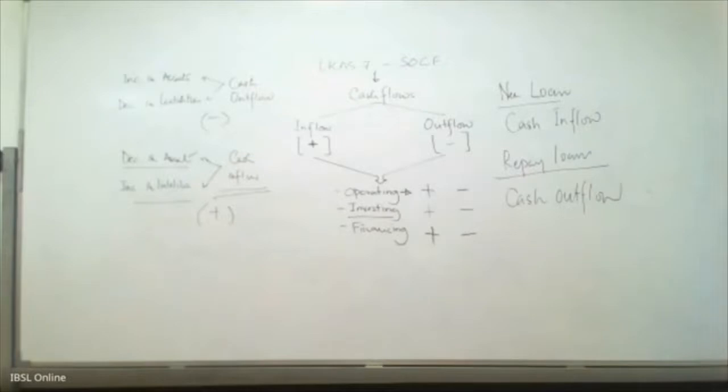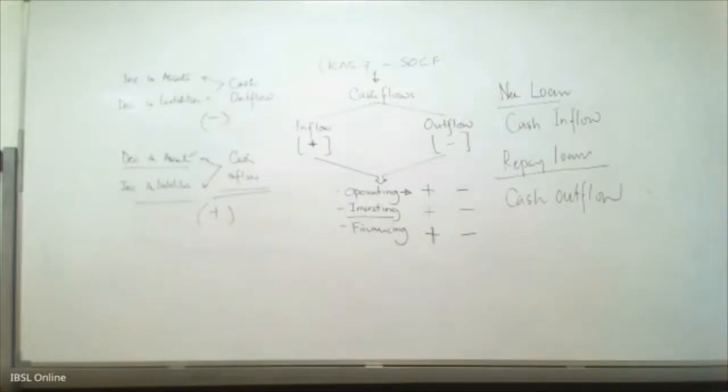There is no involvement of cash, but it has an impact on my profit. Why? My profit comes down. So when my profit comes down because of this depreciation book entry, then when I am doing the cash flow, I need to eliminate it. So what do I do? I go and add back the depreciation.